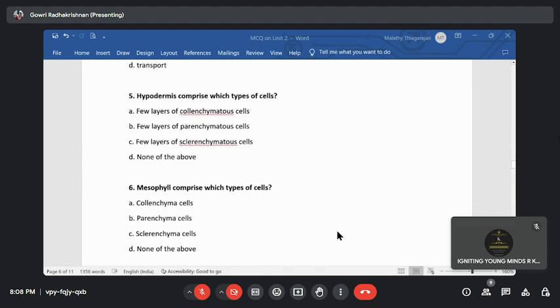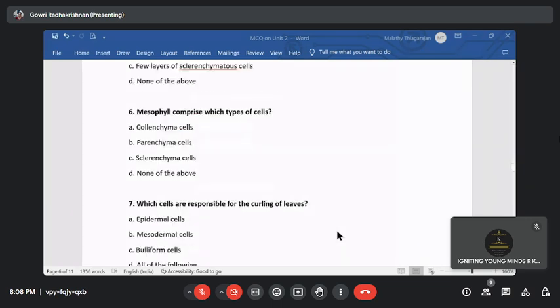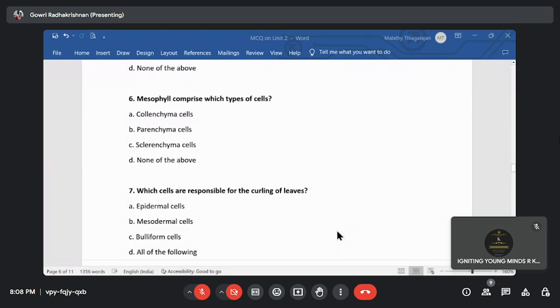Hypodermis comprises which types of cells? A. Few layers of collenchymatous cells. Number 6. Mesophyll comprises which types of cells?